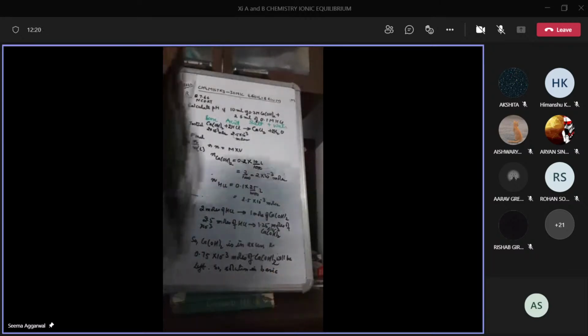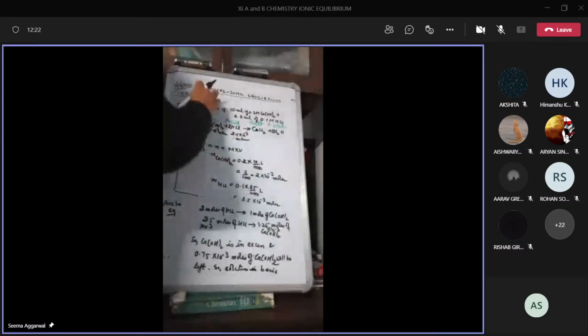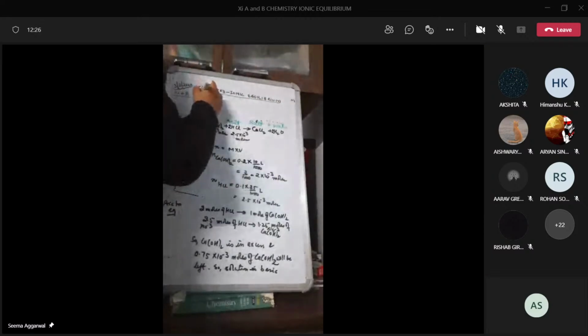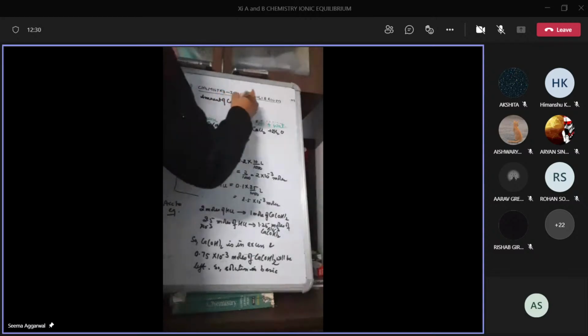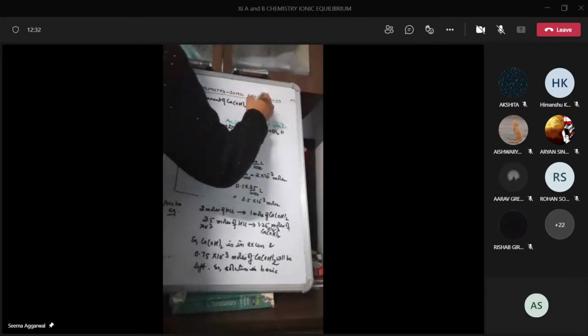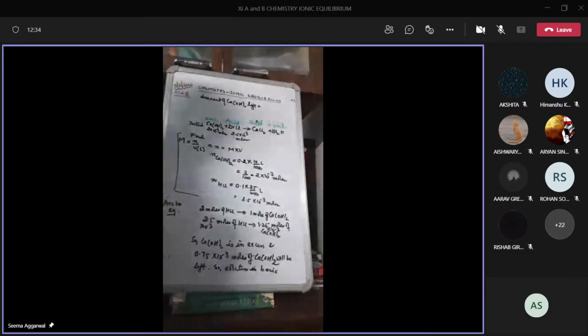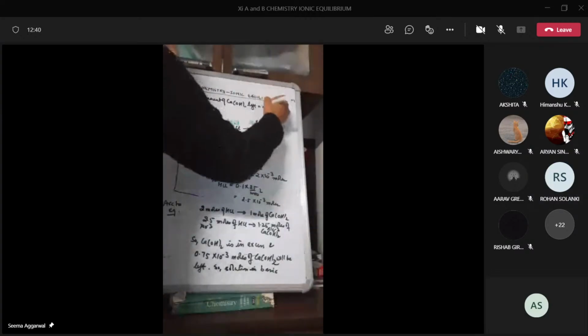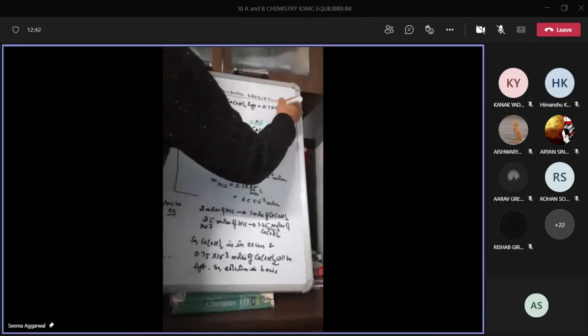So what is the amount of calcium hydroxide left? Yes, who can tell me? 0.75 into 10 to power minus 3 moles.